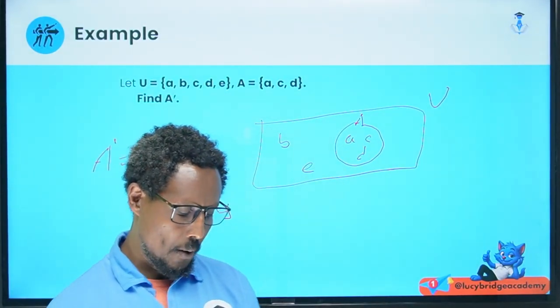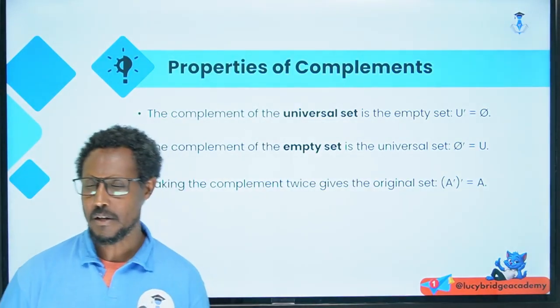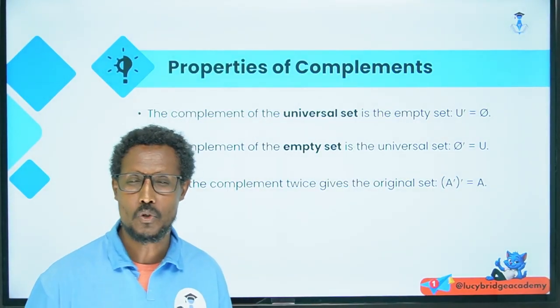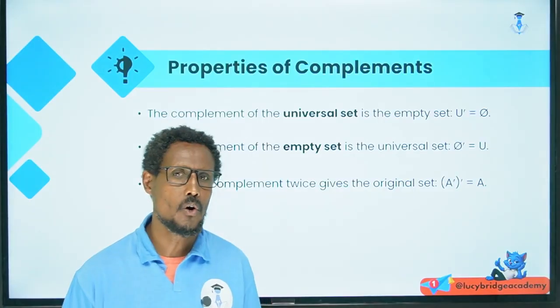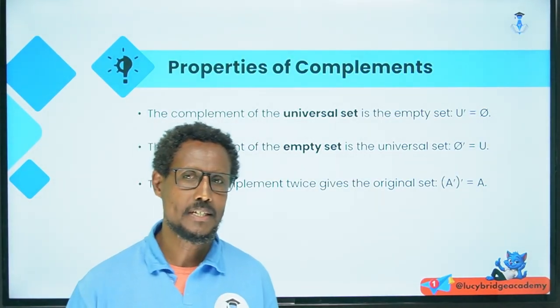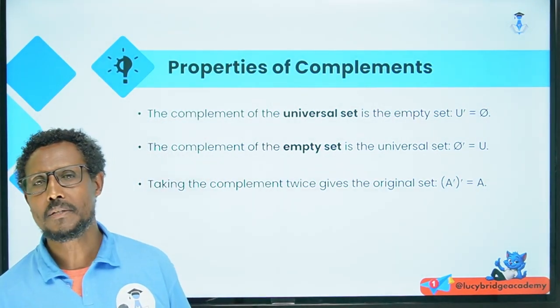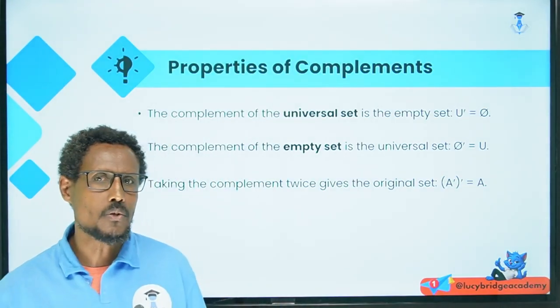Okay, properties of complement. The complement of the universal set is the empty set. As I have told you before, the universal set includes all sets, or it includes all elements. So U complement means in U, not in U, but out of U. No such elements.